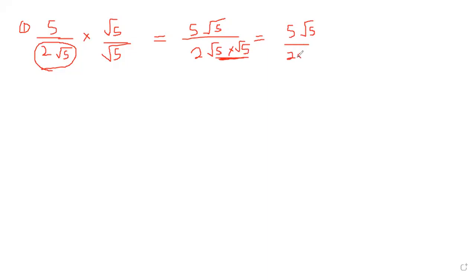So that will be 2 times 5, the same as 5 root 5 over 10, which will be root 5 divided by 2.